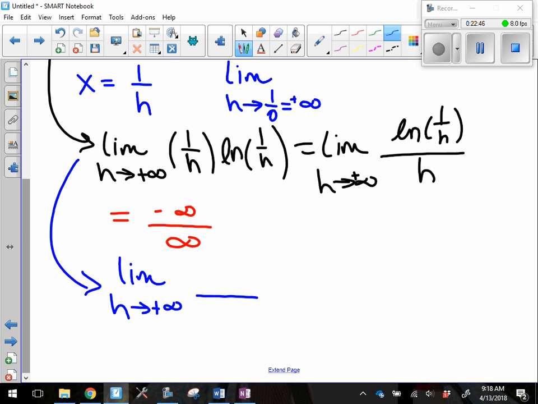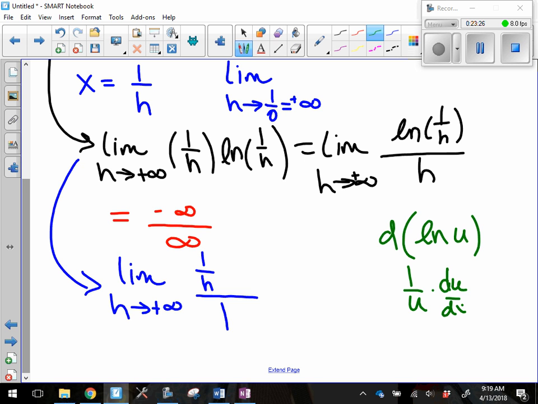So let's take the denominator first. What's the derivative of h going to be? 1. And how about the numerator? Well, remember, if it was the natural log of u, if I take the derivative of that, that's going to give me 1 over u times what? du dx.